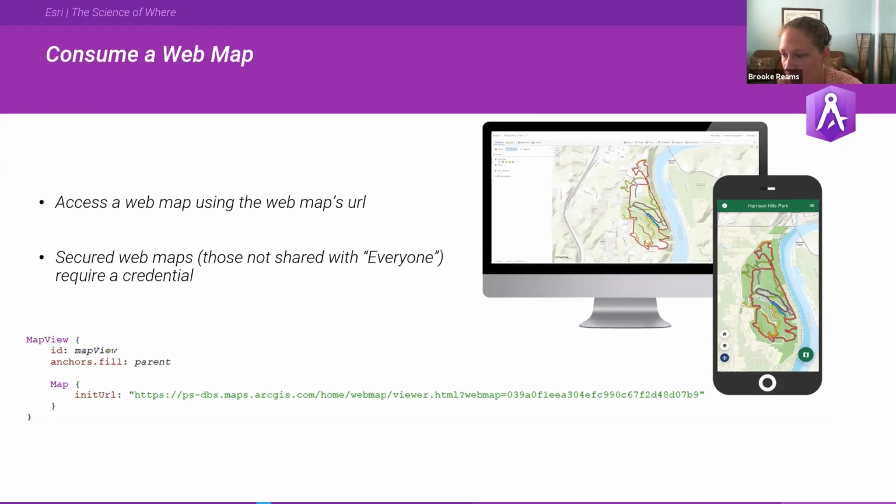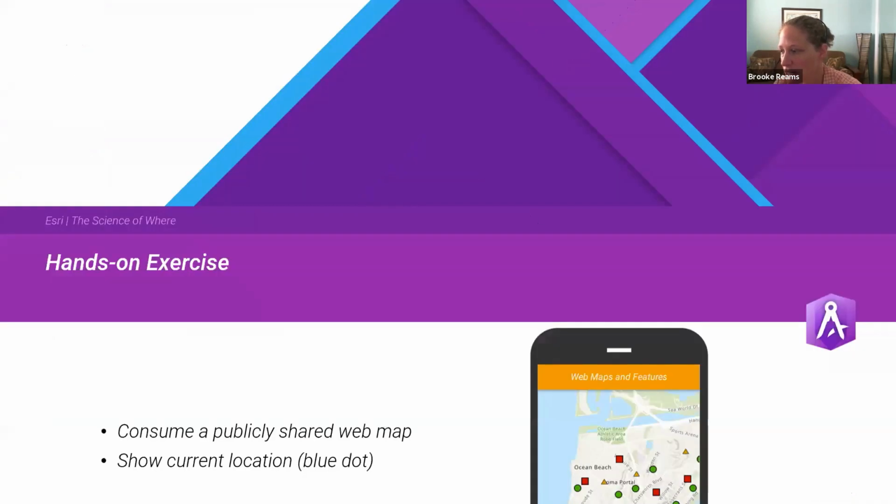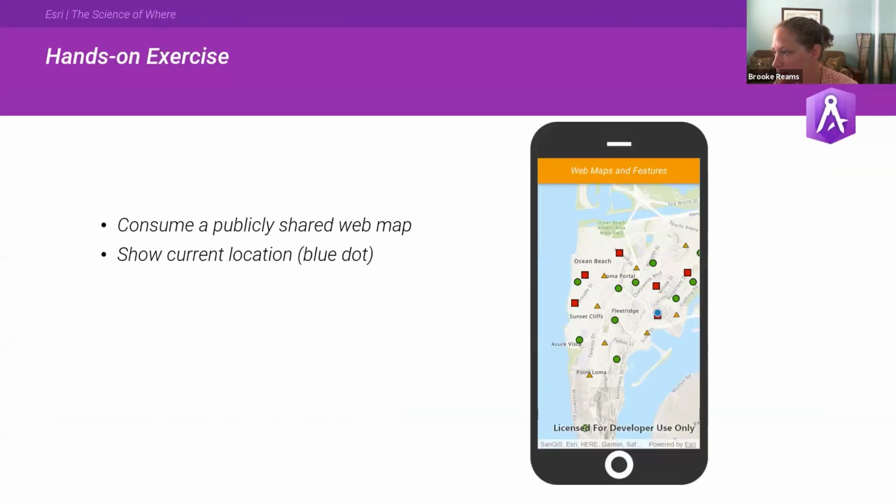So we'll start with our first hands-on exercise. I've got a web map of work orders, and we'll consume that and also show our current location. You can see here the blue dot. So that is the plan for this exercise.